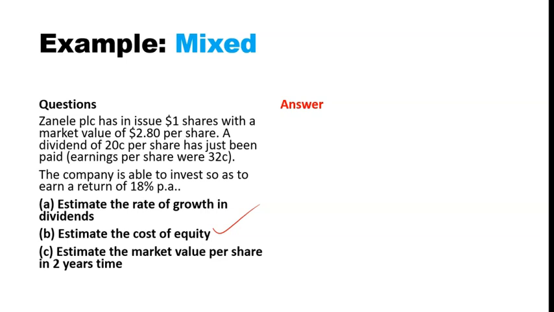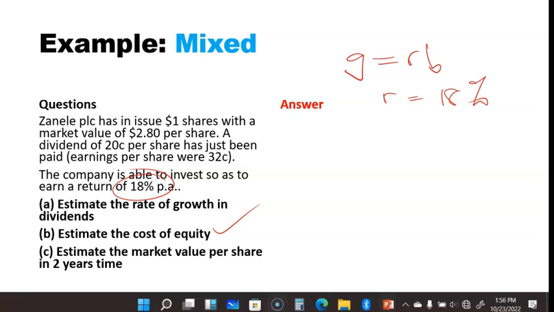All right, so let us determine our G is equal to RB. The R is given as 18%. Then the B, how do we determine the B in the question?